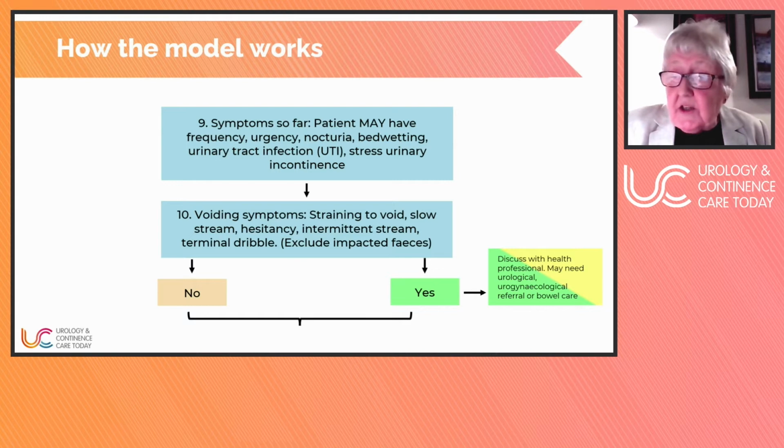Those with urgency incontinence would not usually experience these symptoms. Therefore, a no response would fall into the sand-coloured box. A yes response in the green box should alert the assessor to a possible voiding difficulty.